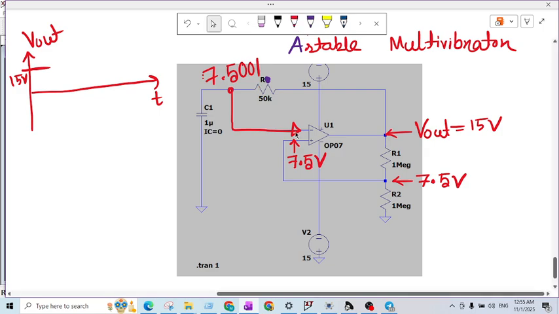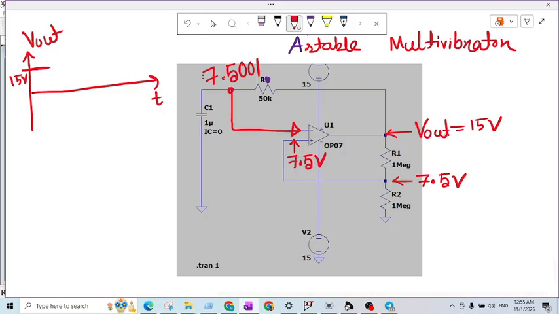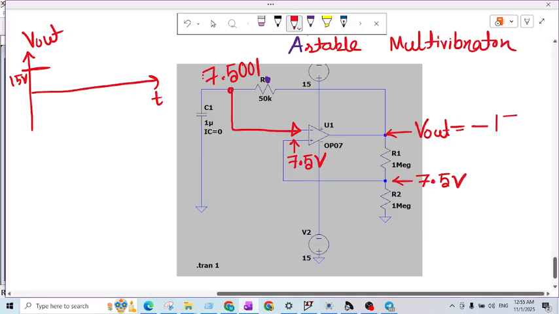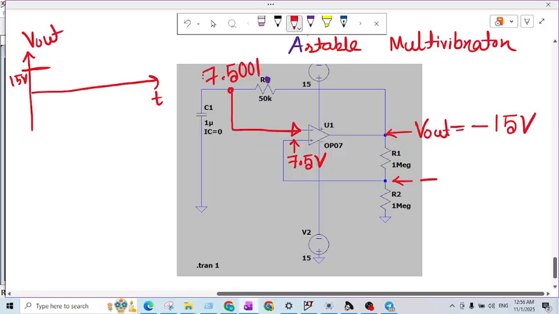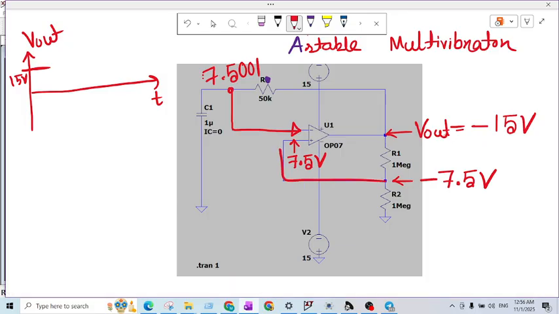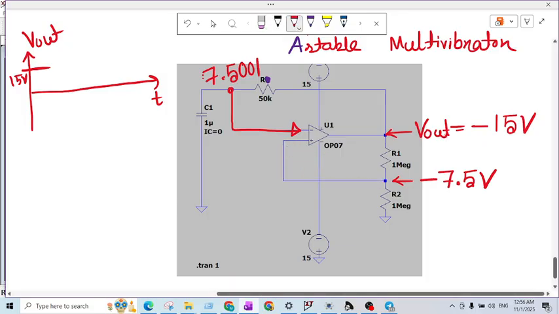And now this inverting terminal's voltage, or this minus terminal voltage, is greater than 7.5, and as this is now greater than 7.5, you will see that this output voltage will be no longer positive, rather it will be now negative 15 volt. That means after using a voltage divider, you will see now this point's voltage will be minus 7.5 volt, and also this point's voltage will be minus 7.5 volt.